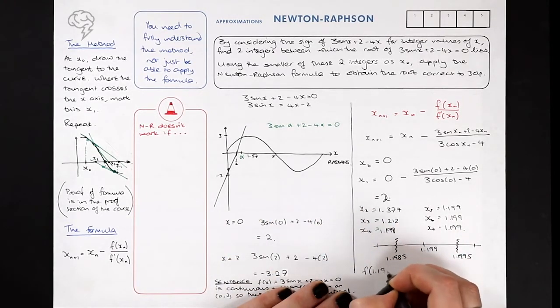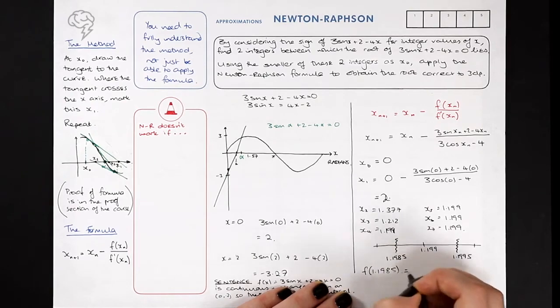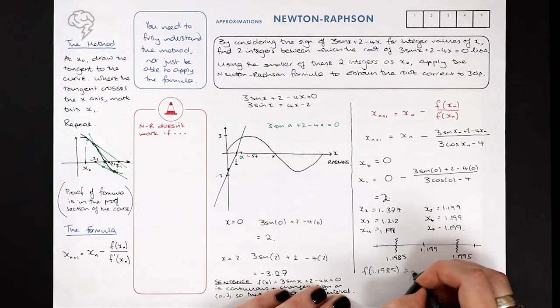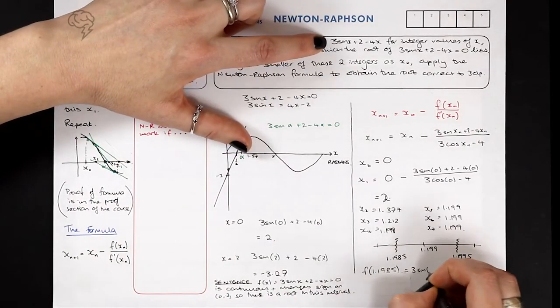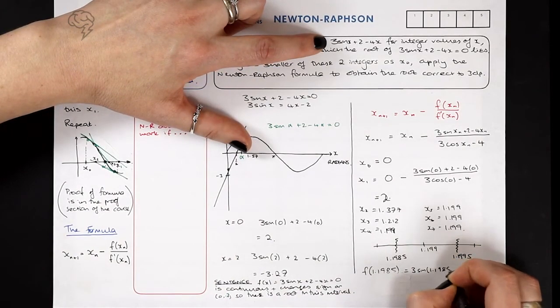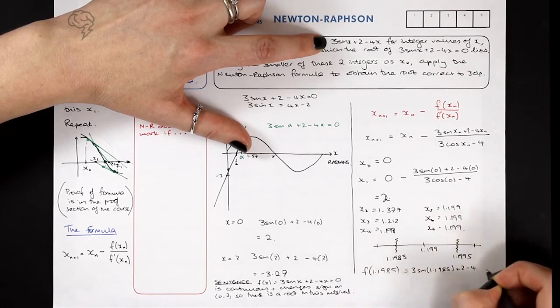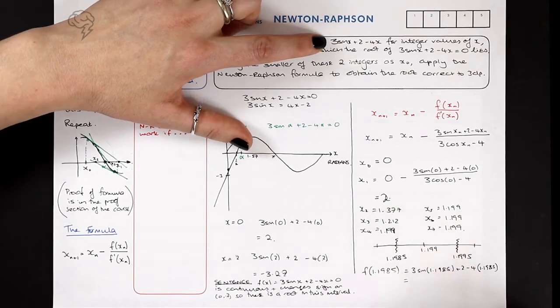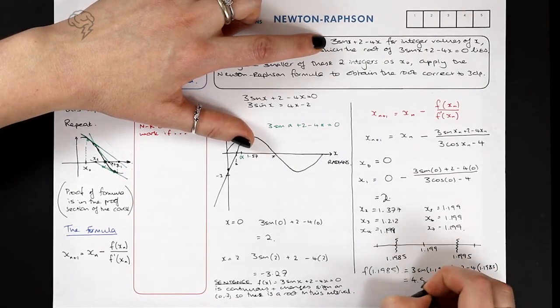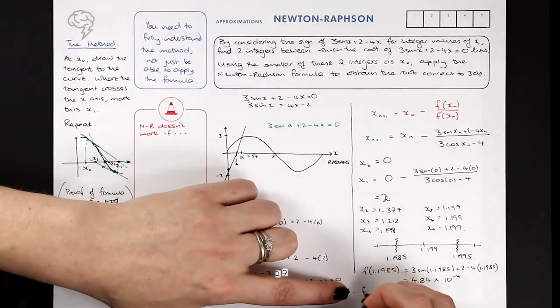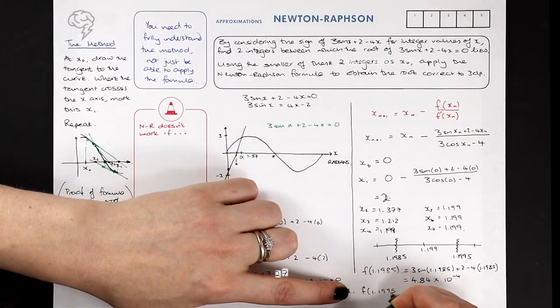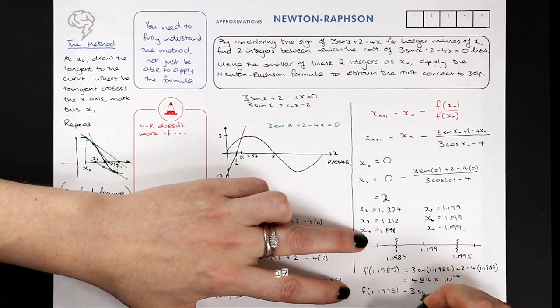f(1.1985) equals, show the substitution in. Where's the function? There. This is what students do not want to do. They want to just write down what the calculator says, but I'm telling you, you're more likely to get the marks if you actually write down what you're doing. So this is 4.8, for at least 3 significant figures, please. And then f(1.1995), again, show me what you're doing with it.